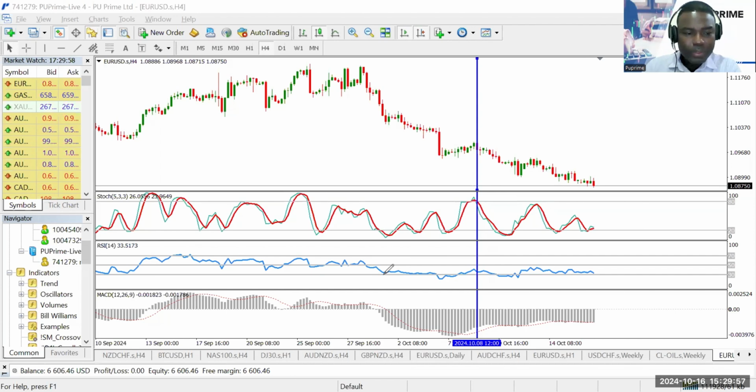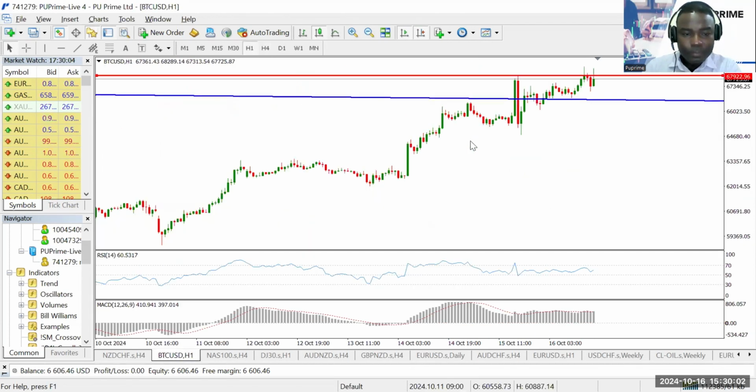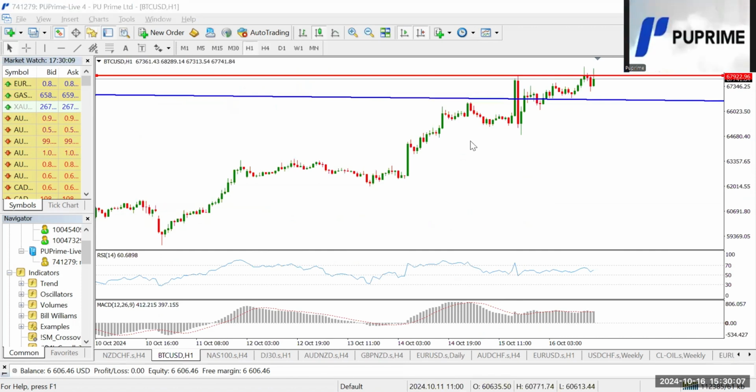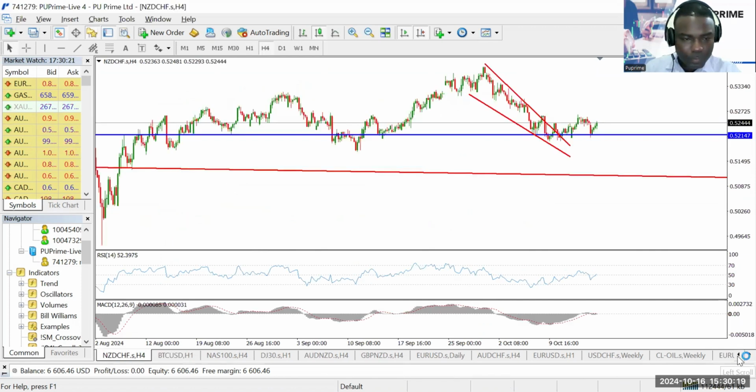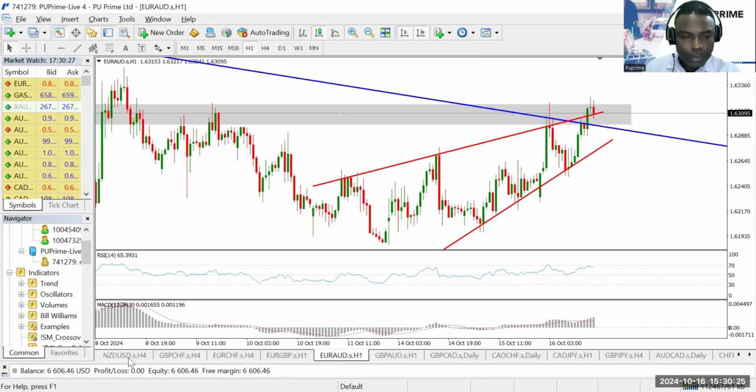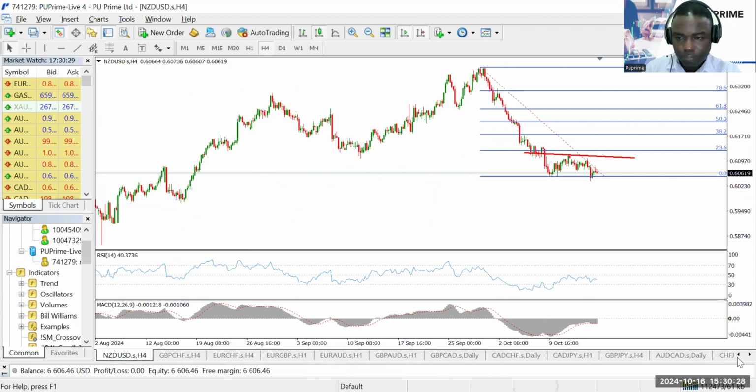If you want to use a Fibonacci tool to set take profit, for example, let's look at how to do it. Let's try this.